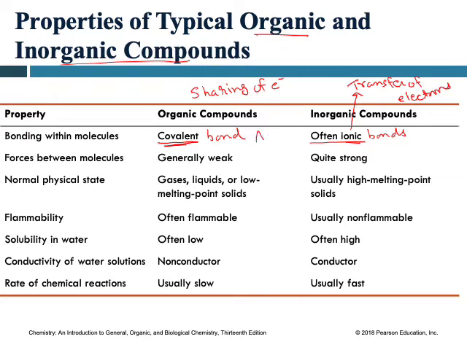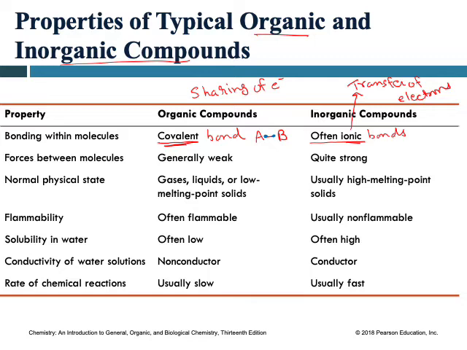If you have atoms A and B, they form a bond between them, right? This bond is made by sharing of two electrons, where one electron comes from A and the second electron comes from B, and they share both electrons. This kind of sharing of electrons we call a covalent bond.